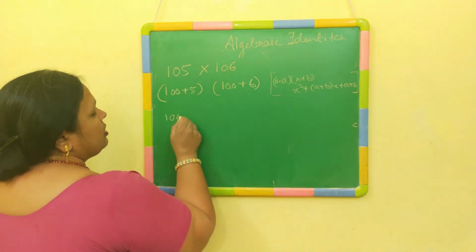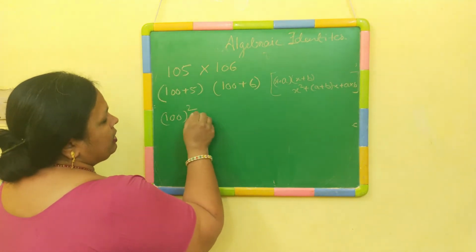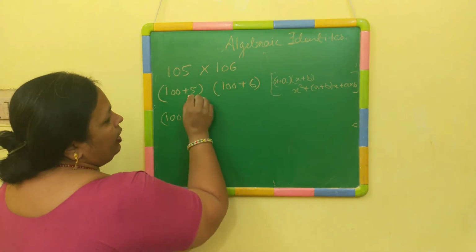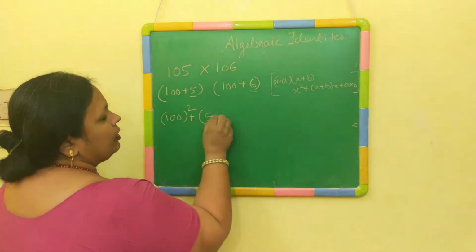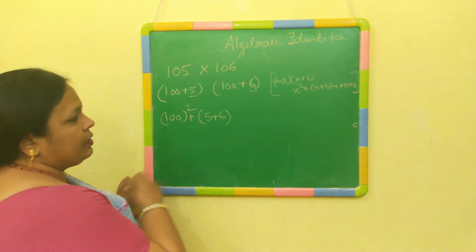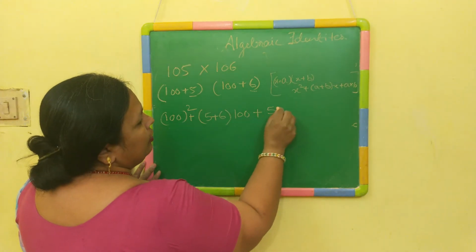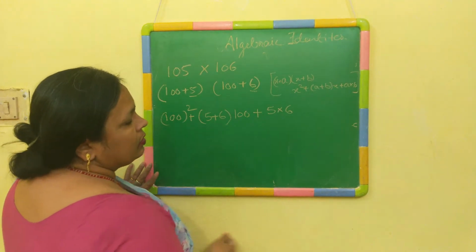X square is 100 square plus a is 5, b is 6, 5 plus 6 into 100 plus 5 into 6.